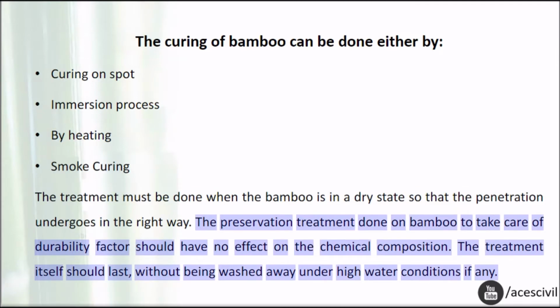The preservation treatment done on bamboo to take care of durability factors should have no effect on the chemical composition. The treatment itself should last, without being washed away under high water conditions if any.